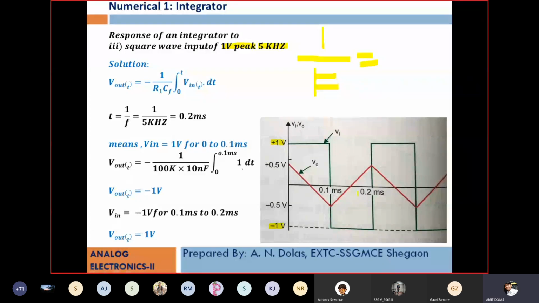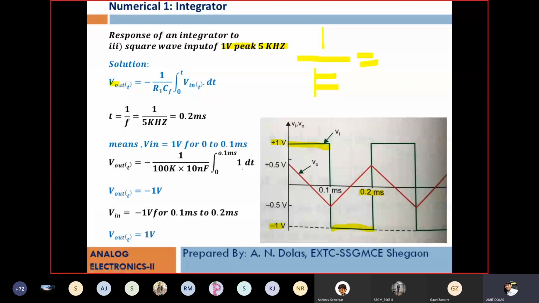So it will be only 0.2 millisecond में एक वेव फॉर्म, सिमेट्रिक ही लेना है. So 0.1 millisecond के लिए what? 1 volt plus and 0.1 से लेके 0.2 millisecond के लिए 1 volt minus. So it is also kind of step input, plus and minus alternate होते रहता है कुछ time period के बाद. Let's integrate this.